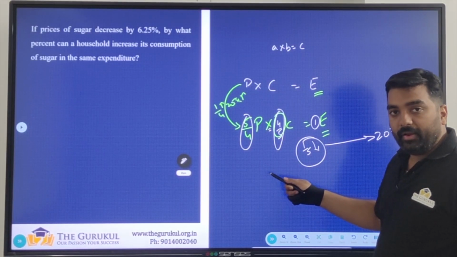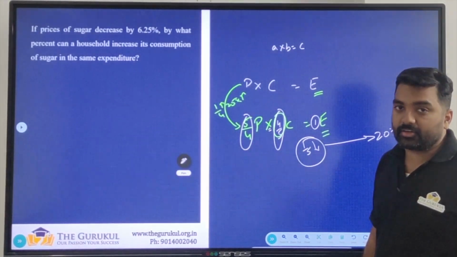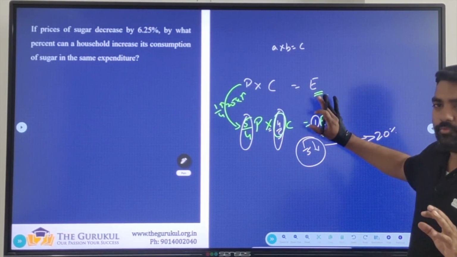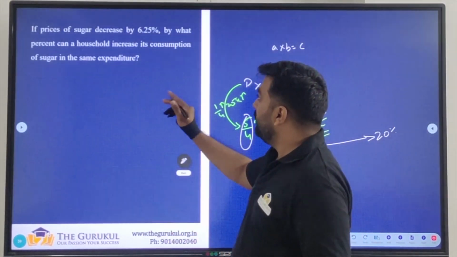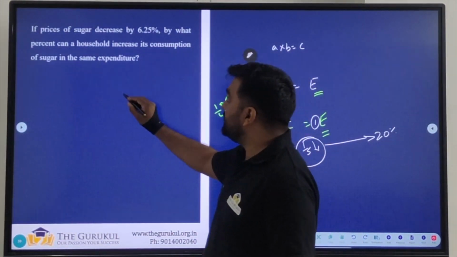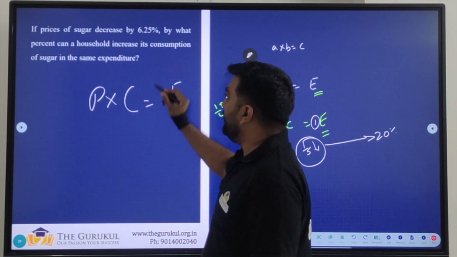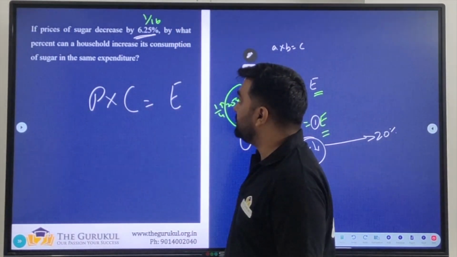Now, this can be applied only when you know all the fraction percentage values which we discussed in the introduction session. Now this makes the problem way simple. We don't need to use anything. Just look at this one and try to understand. Price of the sugar decreases by 6.25. Price into consumption is expenditure. 6.25 is 1 by 16.